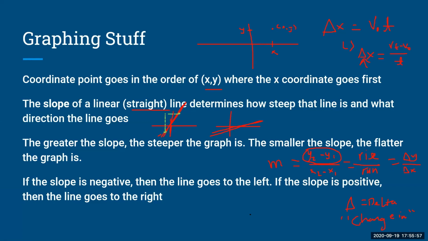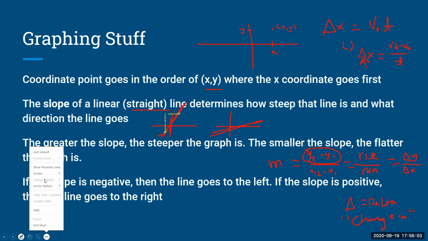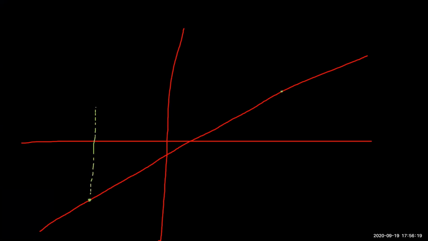If I had this line right here, and these 2 points, the slope would be the change in y, the change in your vertical, your rise, so delta y, and then the change in x, the change in your horizontal direction, or your run. So this is rise, this one's run. Notice that also creates a right triangle. That's not coincidental, by the way.